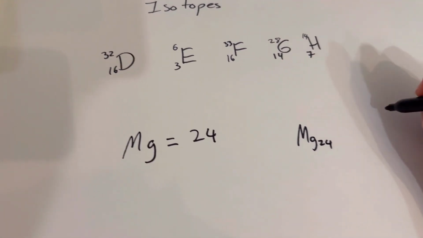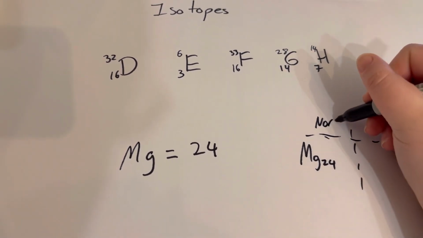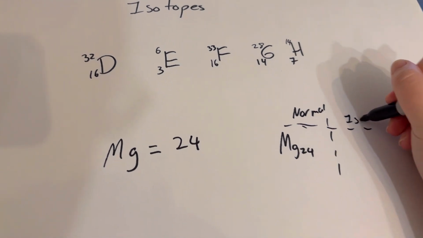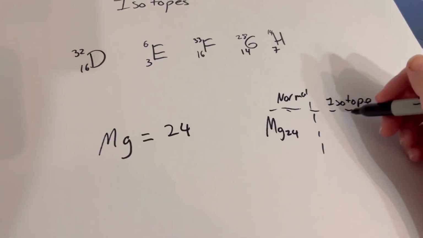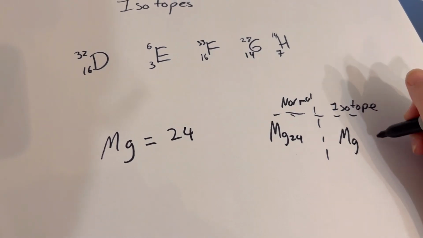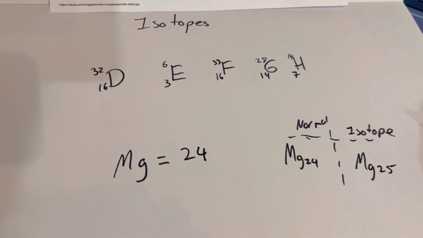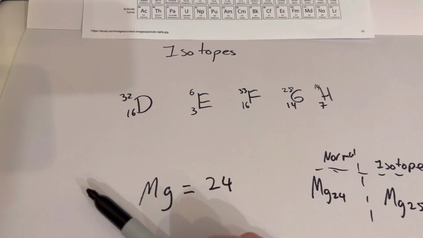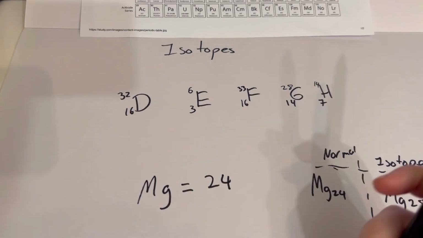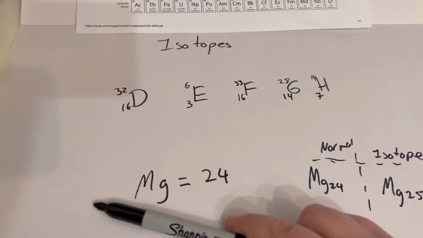Now, if we have an isotope and we add 1 neutron, it now becomes magnesium 25. Looking back at this here, you need to figure out which number is the atomic number and which number is the atomic mass.